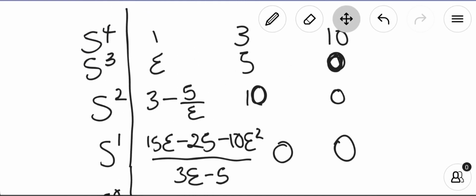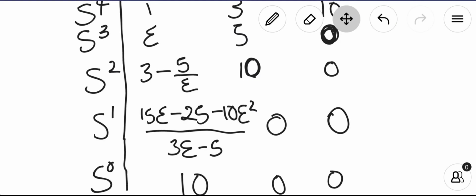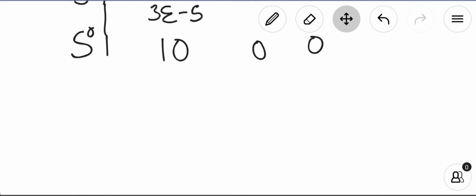So after you have done everything, you can now substitute 0 in place of epsilon. Substituting 0 in place of epsilon, the table becomes... For a system to be stable, all the coefficients of s must be present and positive, and there must be no sign change in the first column of the Routh array.